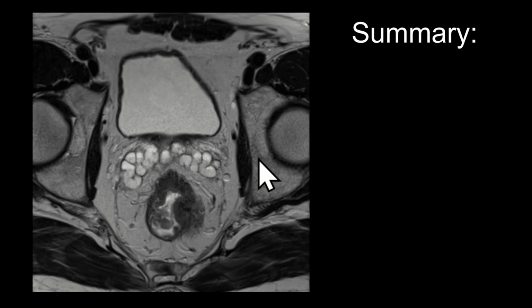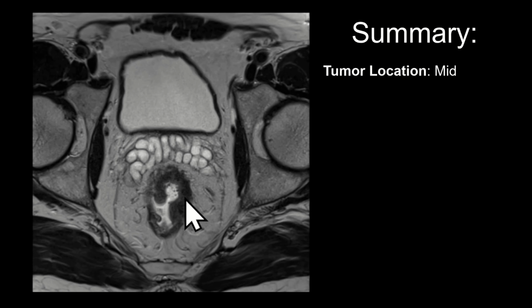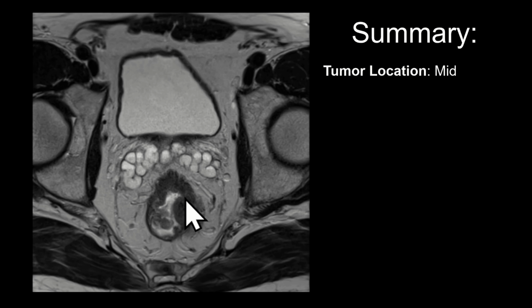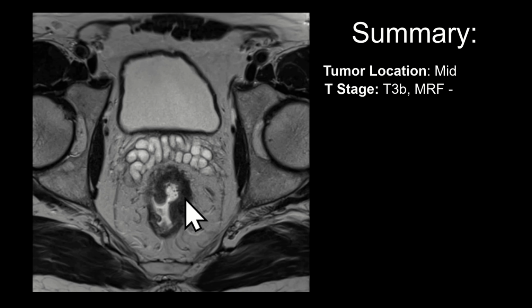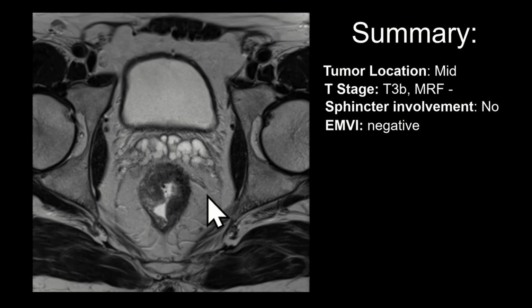So in your summary, you want to mention the following: the tumor location. So for this one, it was a mid-rectal cancer. The T stage and whether the MRF is positive or negative. So here, this was a T3B MRF negative tumor. For low rectal tumors, you want to describe if there's anal canal involvement, and if so, which structures are involved of the sphincter. Here, of course, none. The EMVI status you want to specifically mention.